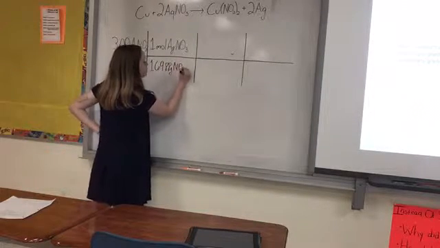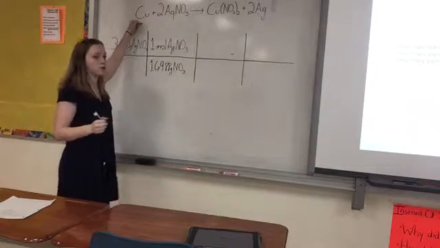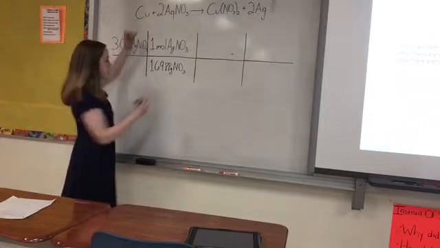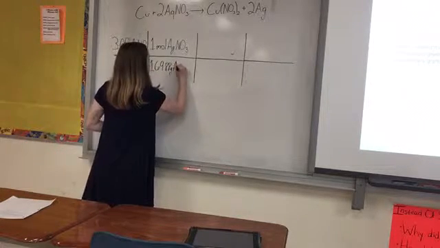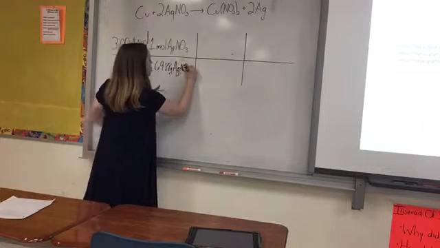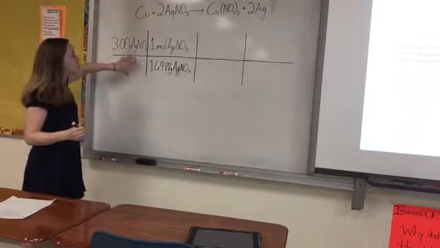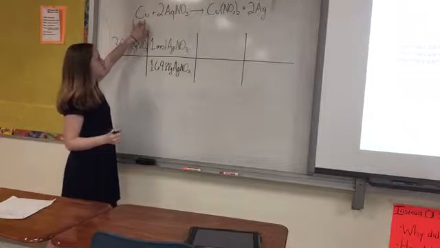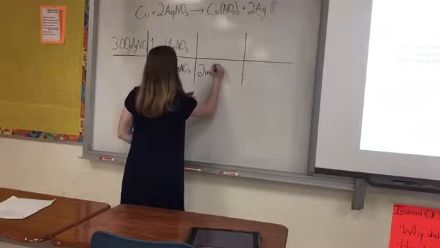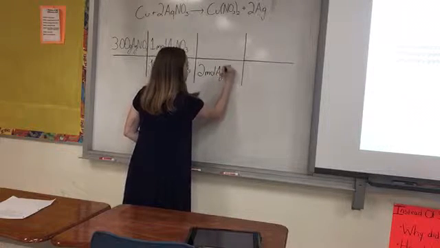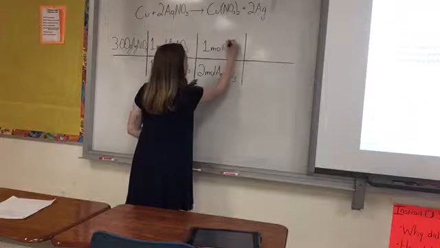Now this time, instead of converting it to the silver, we're going to convert it to copper to figure out, when we use this much silver nitrate, how much copper are we going to use? And so the mole ratio here is 2 moles of the AgNO3 for every 1 mole of copper.